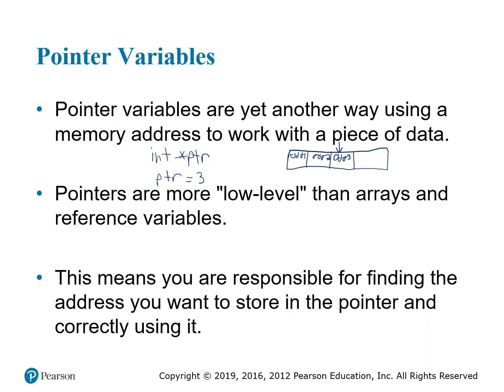Whatever's in that memory location might be junk, there might be gobbledygook here. And I would access that whenever I used my pointer, now that I've told it to point to location 3. So you are responsible for finding the address you want to store in the pointer and using it correctly.